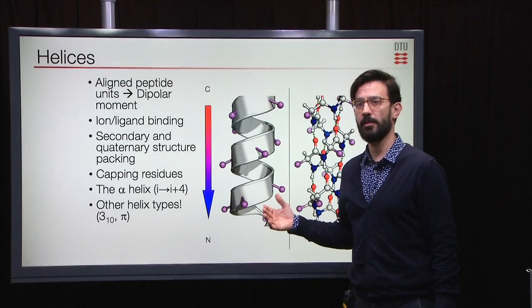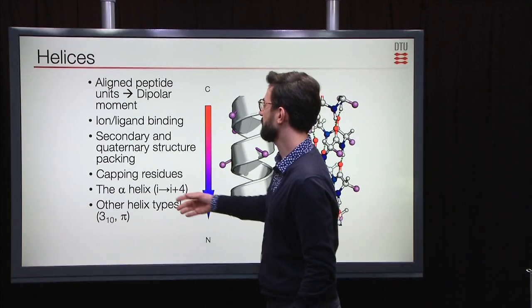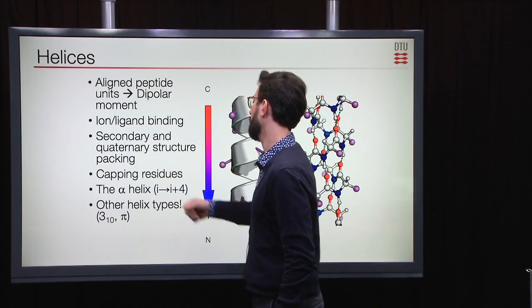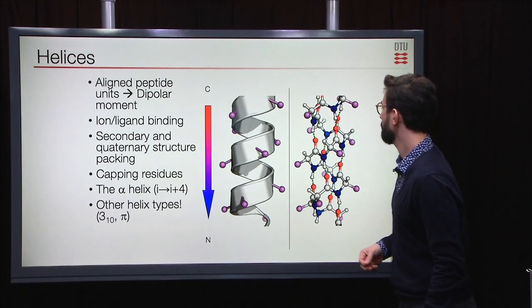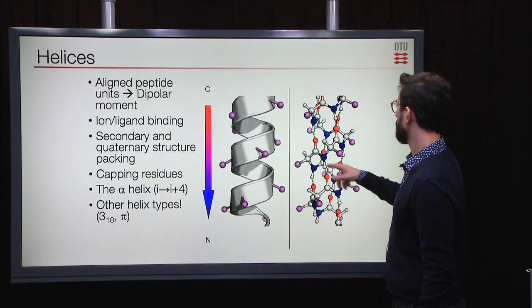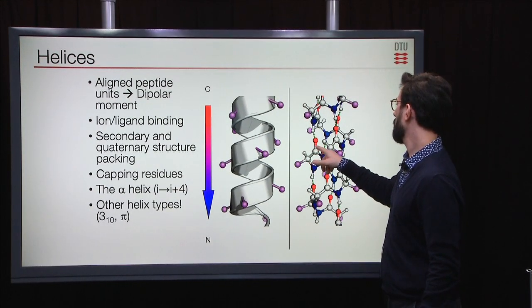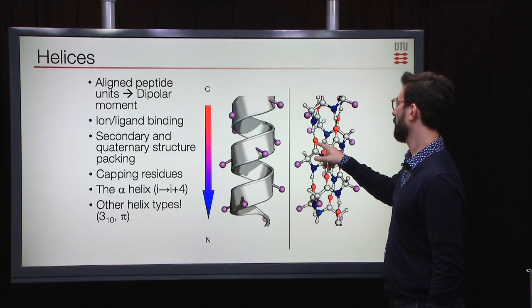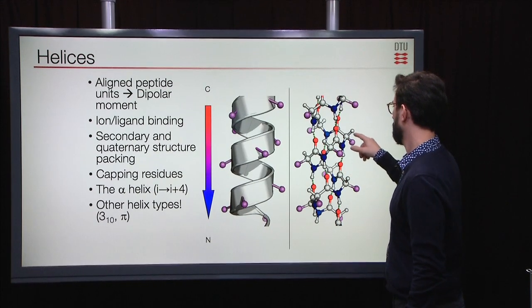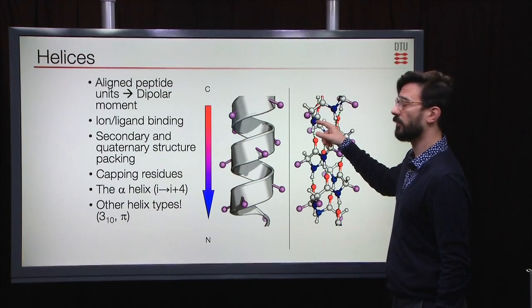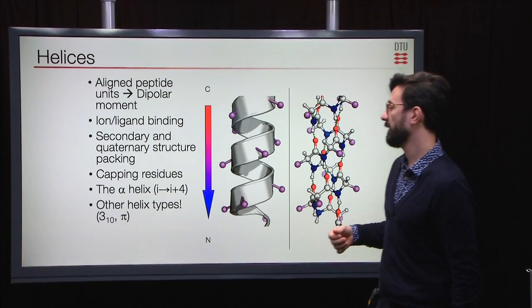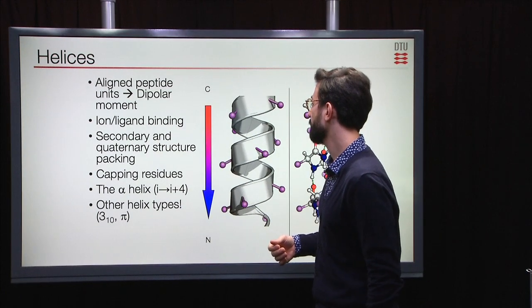The most common type of helix, the alpha helix, has an interaction pattern i plus 4, meaning that the oxygen of a residue has an H bond with the nitrogen of another residue 4 residues after in the primary sequence.